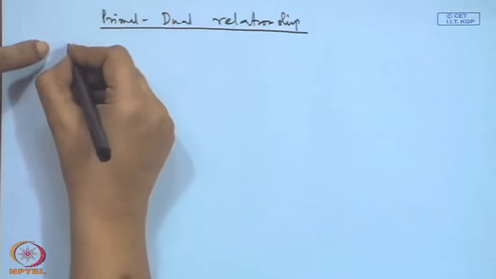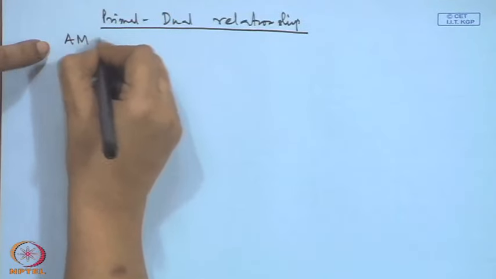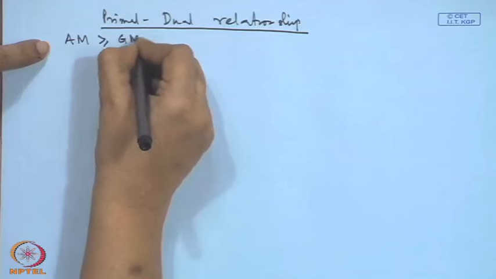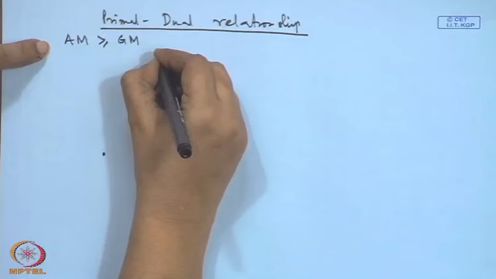See, we know that the arithmetic mean is greater than or equal to the geometric mean. Rather, I can write it in this fashion.